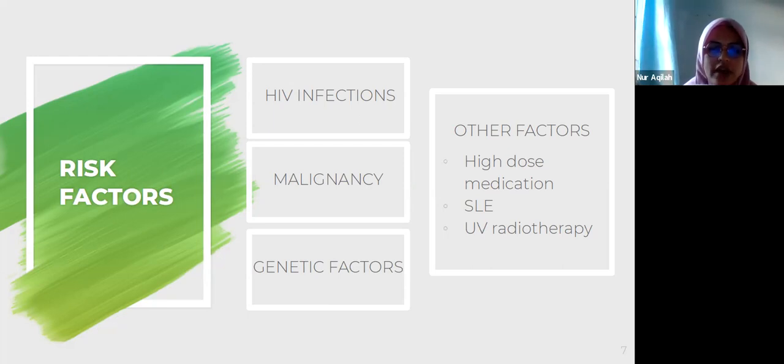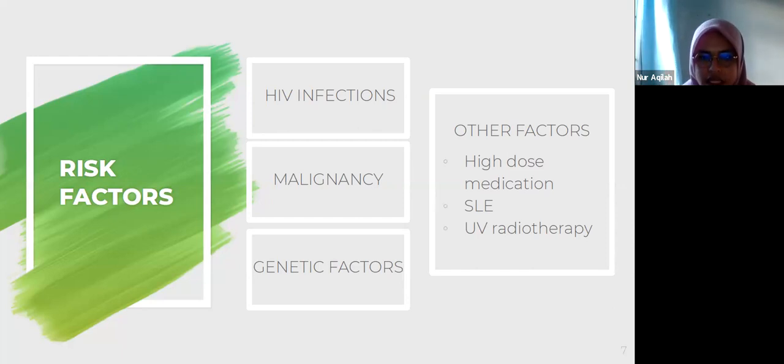For genetic factors, the genes involved are the HLA genes, phenotype HLA-A and phenotype HLA-B. Most patients who have this gene are predisposed to SJS. But there are studies that say these findings are not applicable to the Asian and European populations, though they can be related to other populations when it comes to the HLA gene relation to SJS.